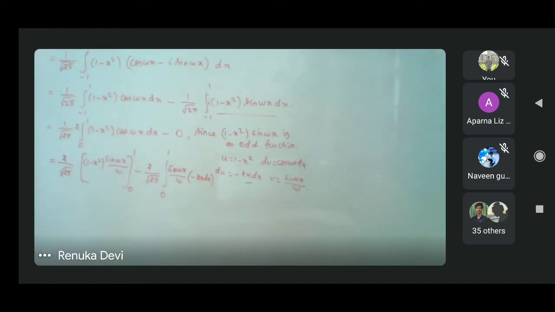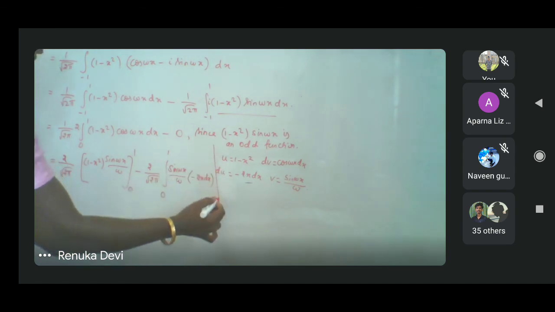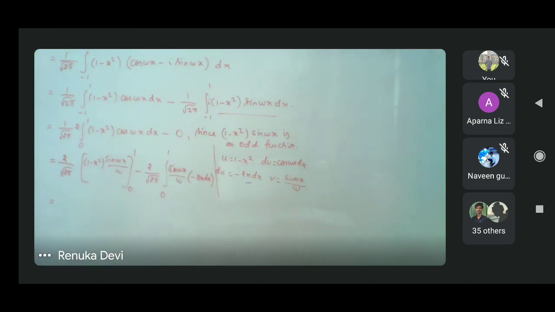Now you substitute the upper limit 1 for x, it will be 0. When you substitute the lower limit 0 in sin wx, that also is 0. Therefore, the first term will be 0. Minus of minus is plus, 2 into 2, 4 by w, I take one w outside, 4 by w root 2 pi, integral 0 to 1 of x sin wx dx.